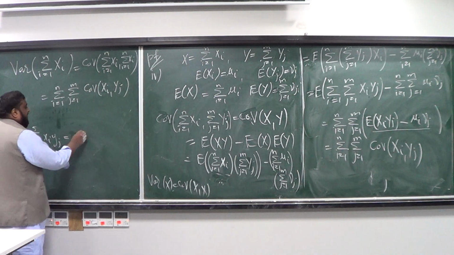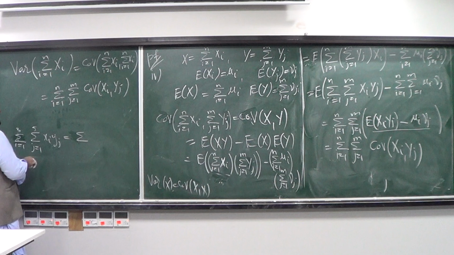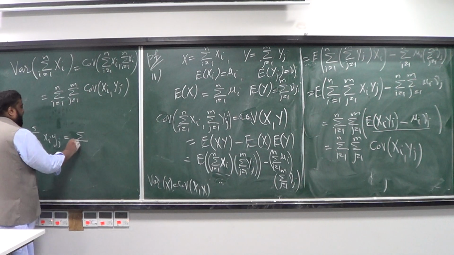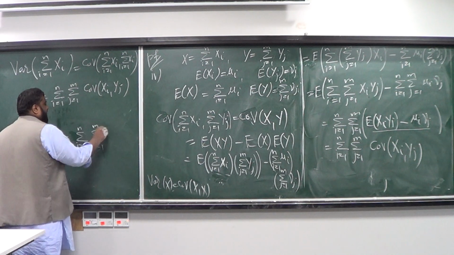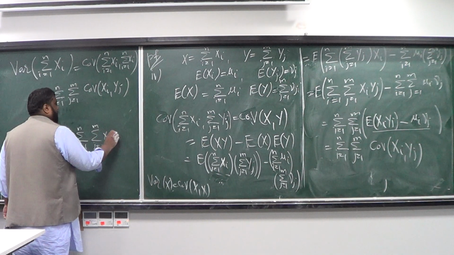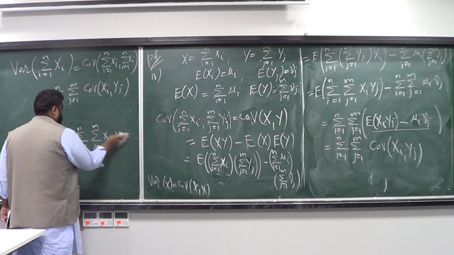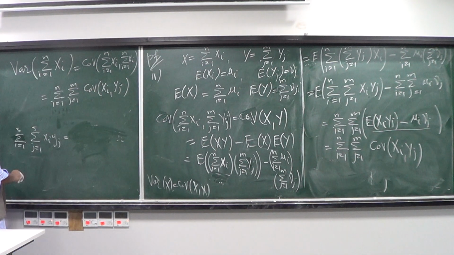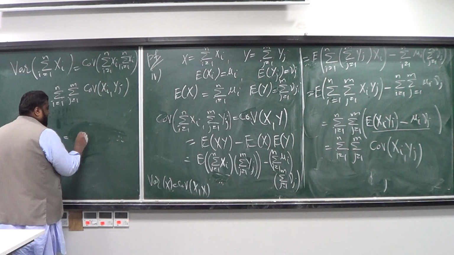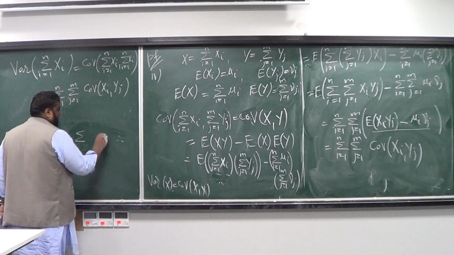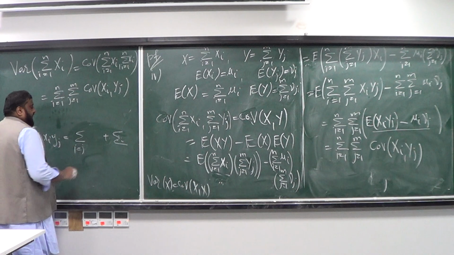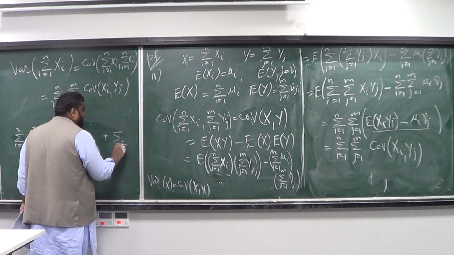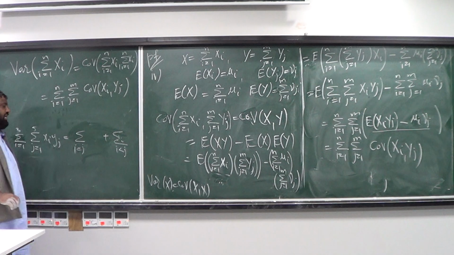In other words, I can write this as a sum that goes from 1 to 3 of xi yi, or maybe what we can do is write this as two sums: one where i and j agree and one where i and j don't agree, for example, i is less than j.